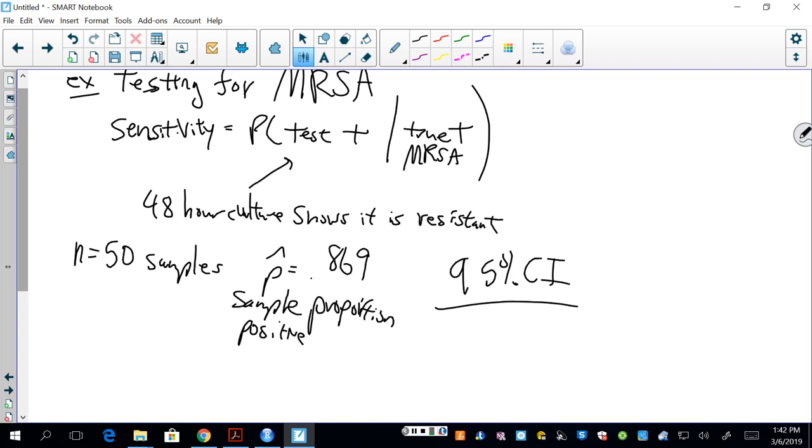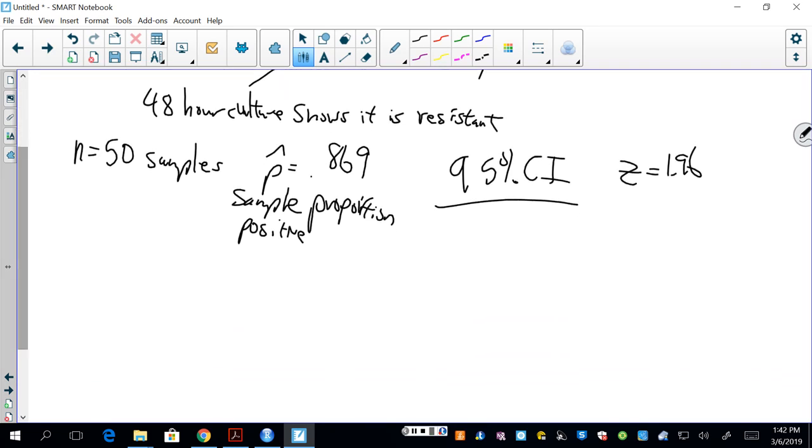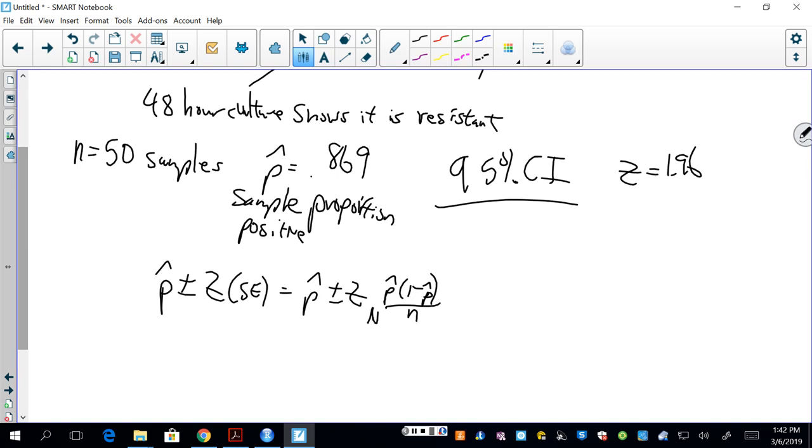Well, for 95%, we know in this type of problem we're going to use the normal value. And the formula was p hat plus or minus our z value times the standard error, or p hat plus or minus our z value times the square root of p hat times 1 minus p hat over n.